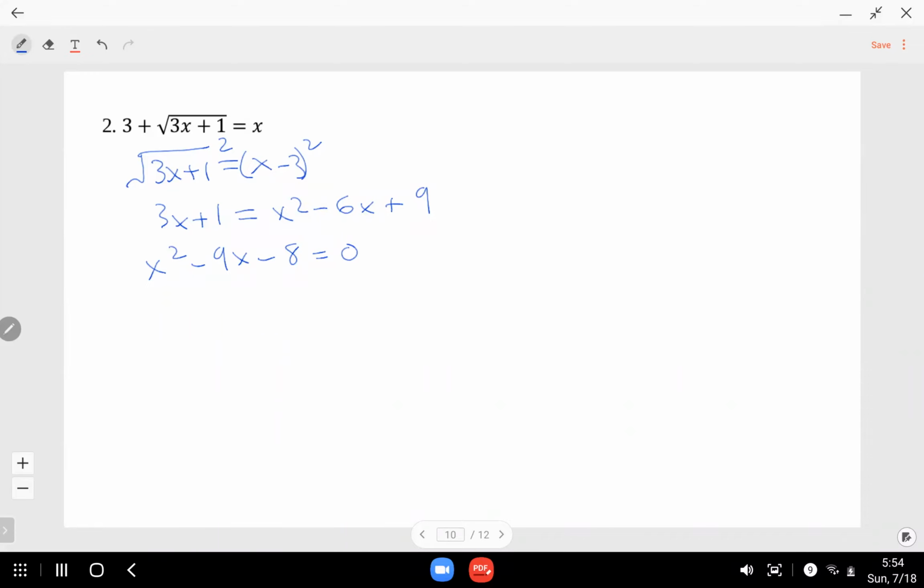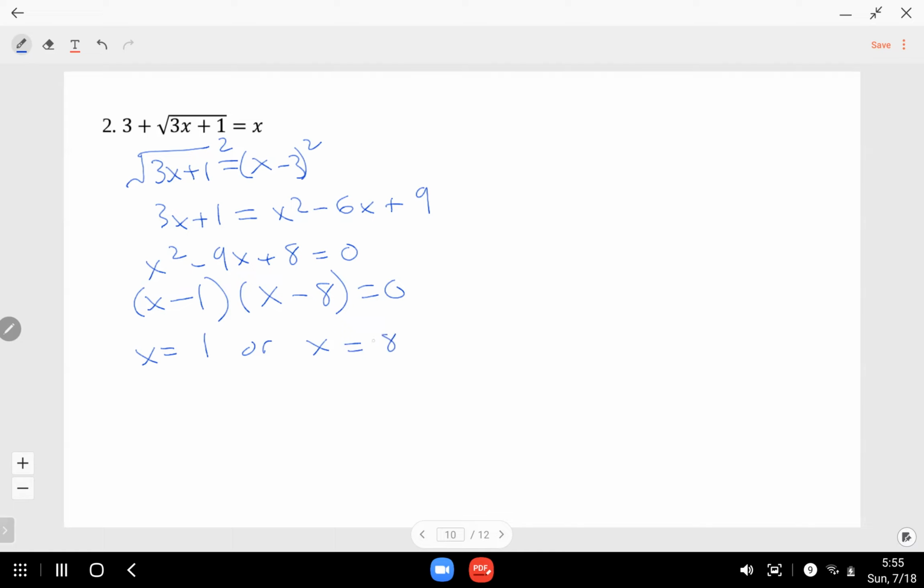Because it's such an easy quadratic equation, I'm going to factor this into (x minus 1)(x minus 8). One of them has to be equal to 0 because of the zero product property. So x equals 1 or x equals 8.